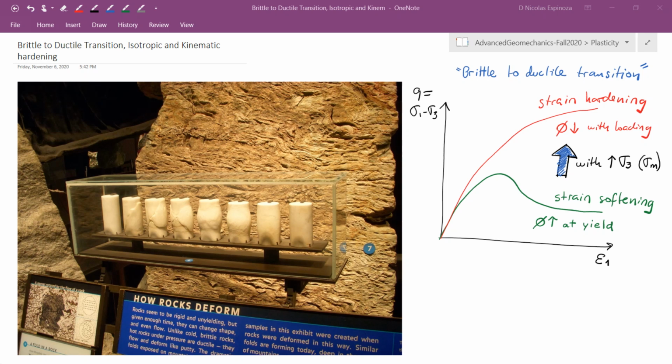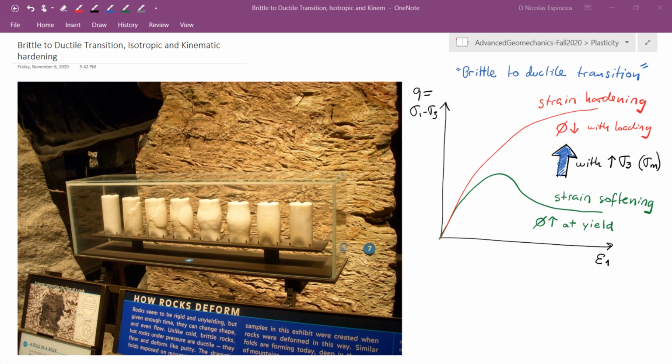We have seen that the plasticity theory allows us to explain very elegantly what is called the brittle to ductile transition, and that is the transition of a material to fail upon deviatoric loading from a brittle failure to a ductile failure, which specifically in the plasticity theory we have seen is called strain softening and strain hardening.